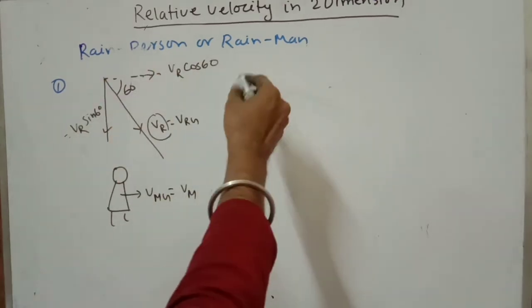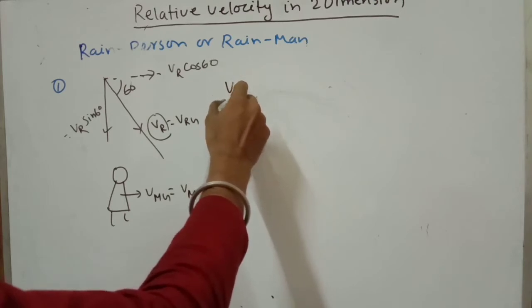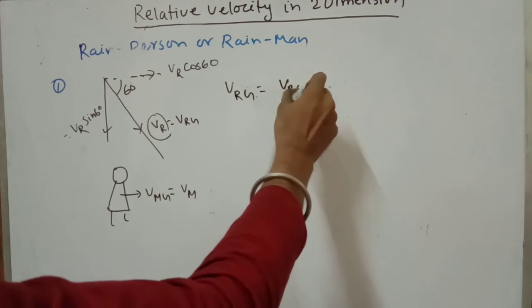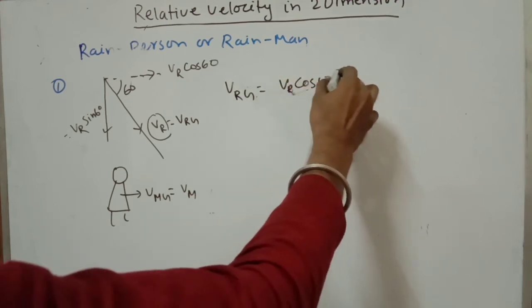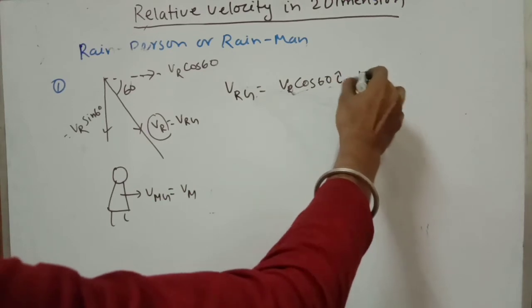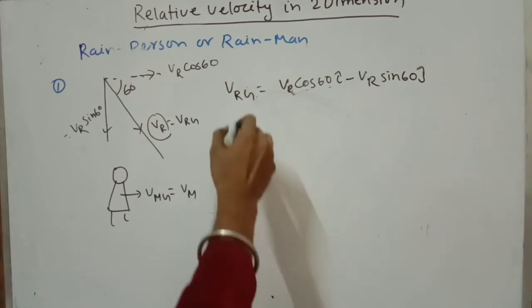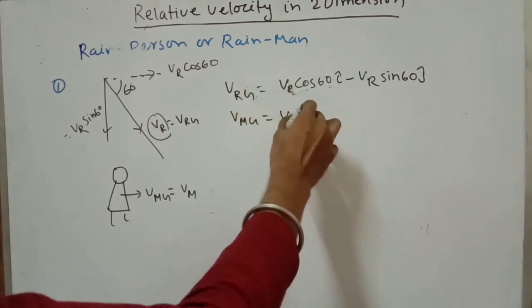So the velocity of rain with respect to ground is Vr cos 60 i minus Vr sin 60 j, and the velocity of man with respect to ground is Vm i cap.